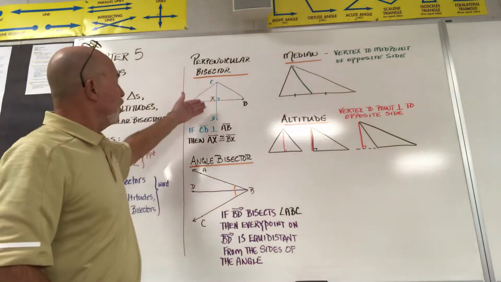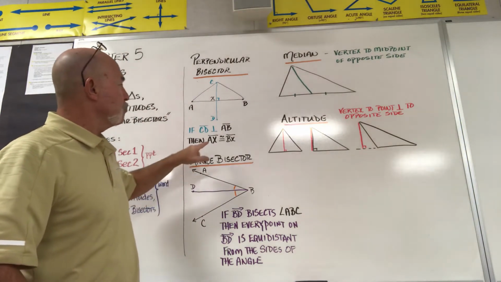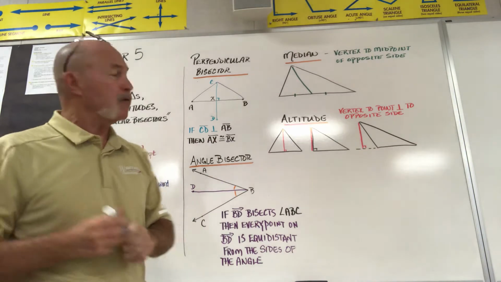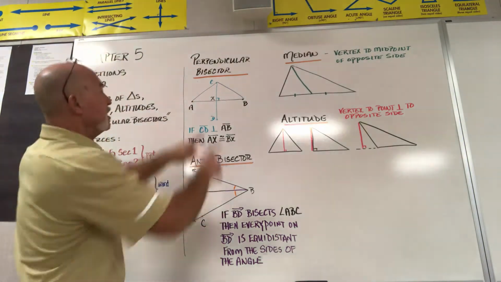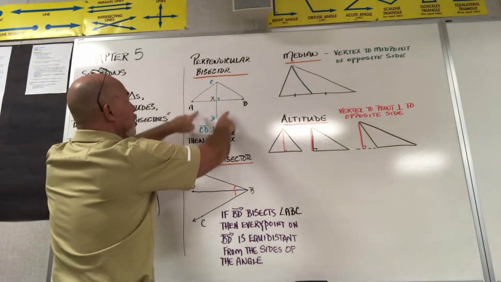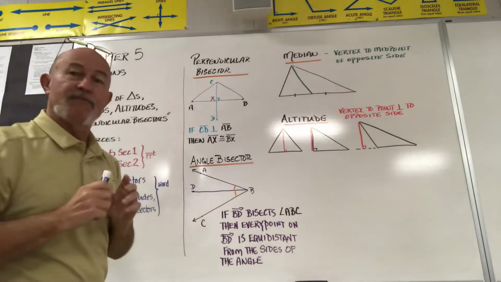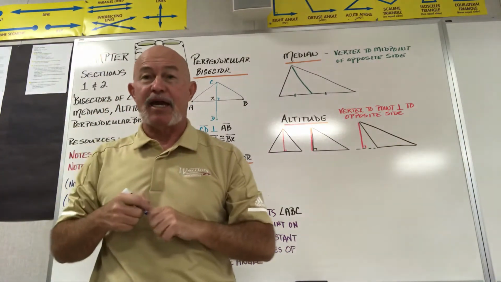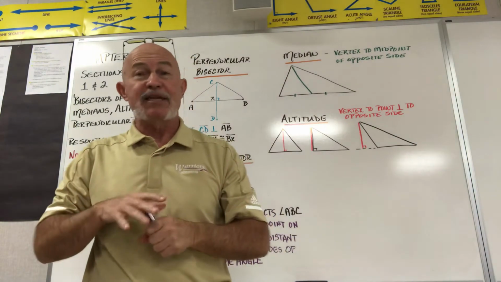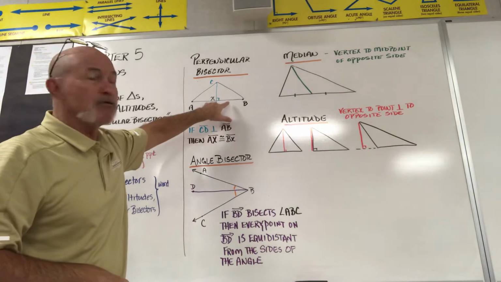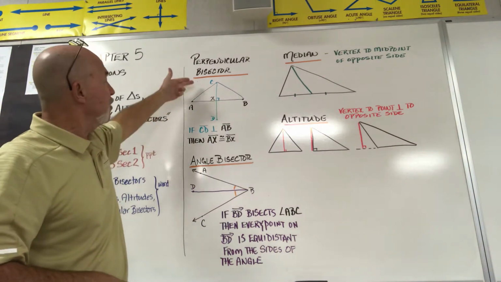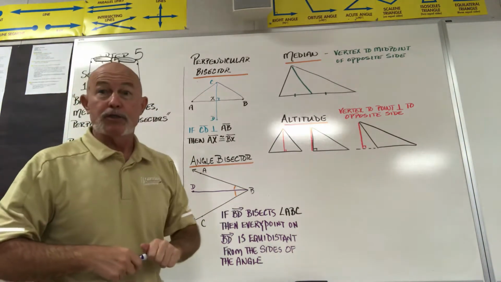Because one of the cool things about a perpendicular bisector is every point on that bisector is the same distance from the end point of the segment it's cutting in half. So it can create a lot of different triangles, and that's important because those two are equal to each other, and so are those.